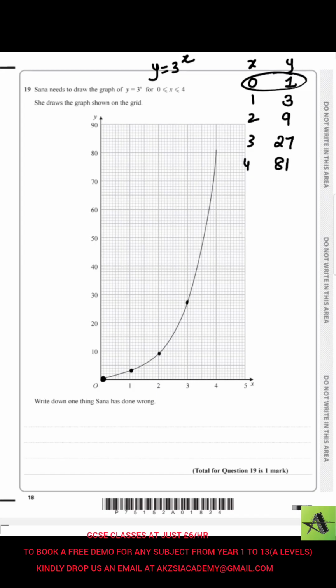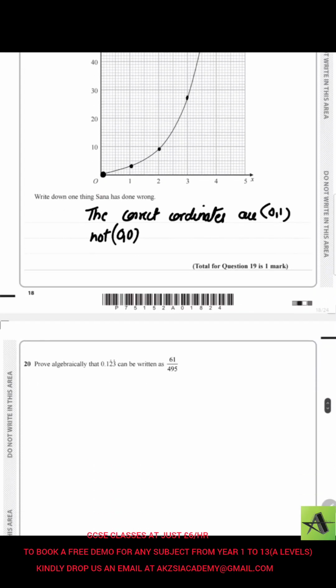So we can say that the correct coordinates are 0, 1, not 0, 0. So she has plotted 0, 0 wrong. Moving on to the next question.